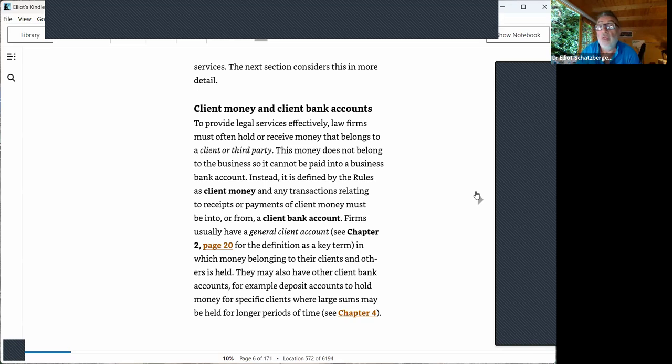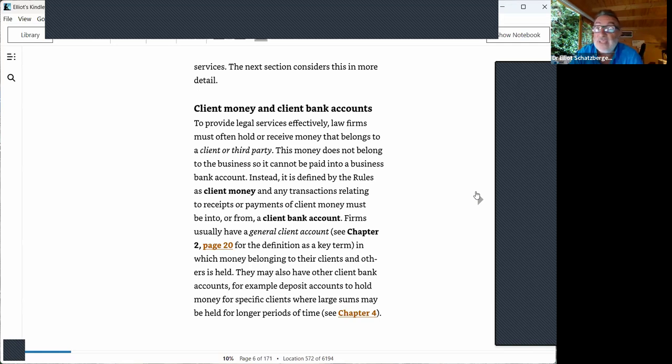But do know that if you are dealing with the Court of Protection and you are a deputy appointed by the court to look after someone's money, maybe power of attorney, for example, then you do not need to open a client account. You need to open a deputyship account, something different. But that's quite niche.